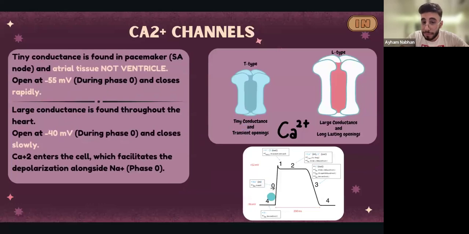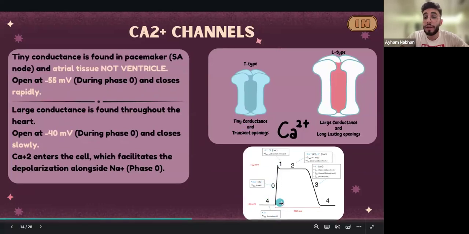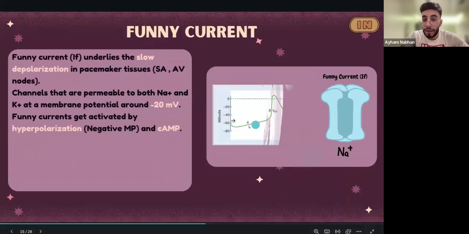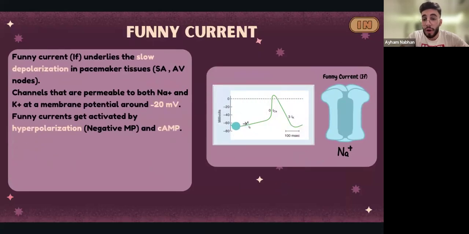So here, this is the depolarization, right? It is going to be called a rapid depolarization because it has an upstroke. But over here, the depolarization is going slowly. It takes a longer time than the ventricular action potential takes. So this slow depolarization would be underlined by these funny current channels.